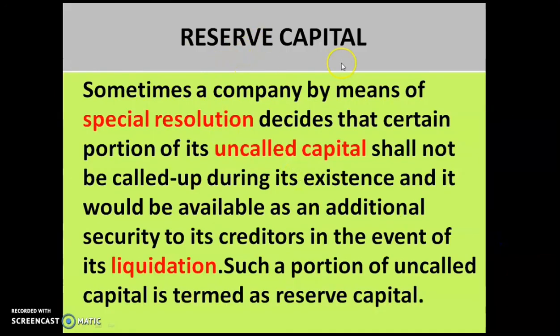Next is the reserve capital. Children, sometimes a company, by means of a special resolution, decides that a certain portion of its uncalled capital will be called at the time of liquidation. Uncalled capital means that part of the installment which is not yet called by the company. Such a part of uncalled capital is termed as reserve capital.